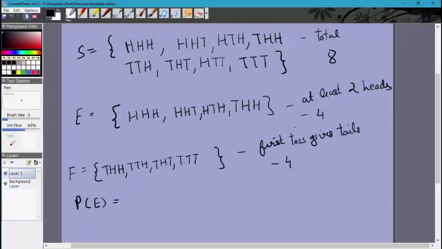So the probability that E can happen will be the number of possible ways E can occur divided by the total number of ways, which in this case would be S. E is a set of events.